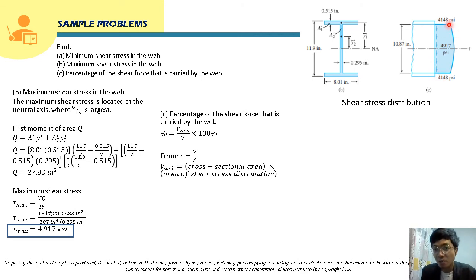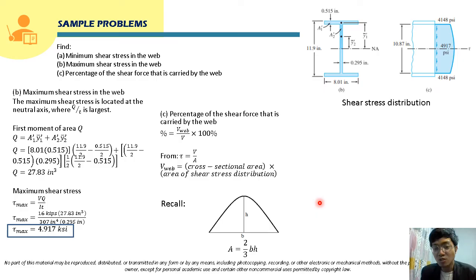But there's more here, class. There's also a parabolic portion here. Recall the area of a parabola: let's say for this parabola, the base is this and the height is this. That is 2/3 BH. So this is the parabola. Its base will be this, and its height will be the difference of 4,917 and 4,148. That will be the height, right? So its area is 2/3 BH.